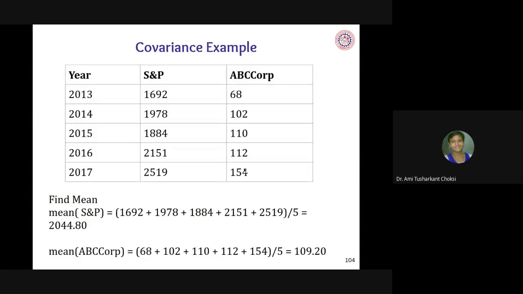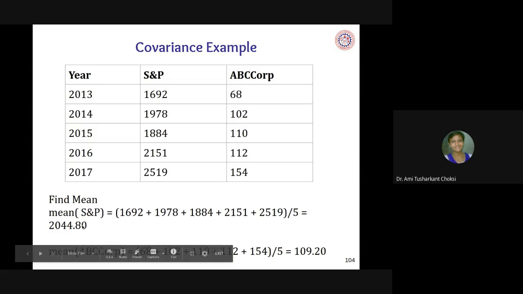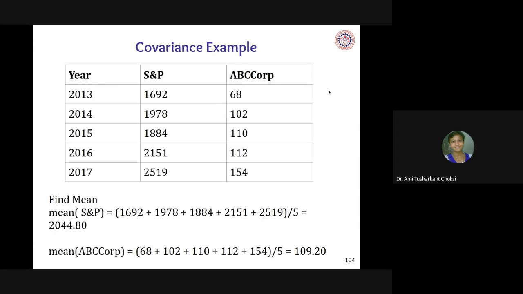So let us see the example. We can understand it very easily. Fine. The data is given to us, that is the year, and then the data for two companies. What we do is, first of all, let us find the mean for company 1 and company 2, that is S&P and ABC Corporation. Fine.